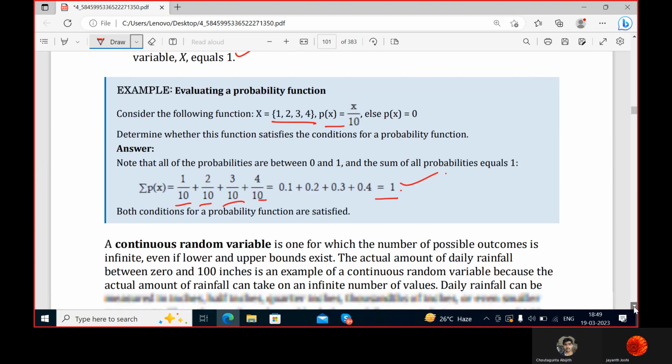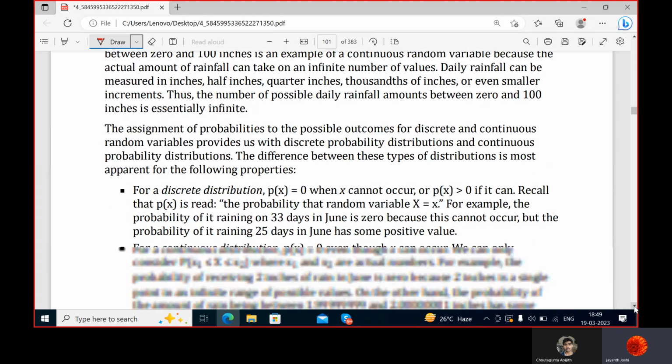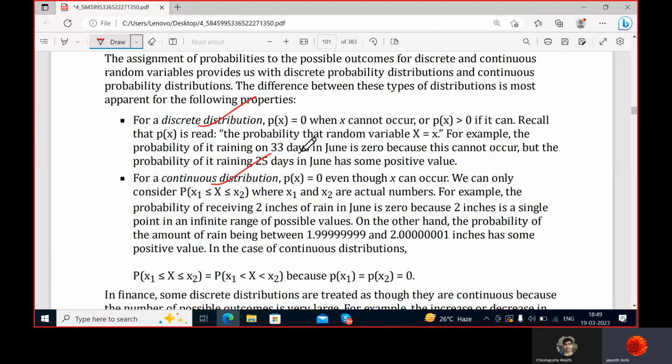We have already discussed continuous random variables, the discrete function, and the continuous function. A discrete distribution is one where you can count the variables, where the probability of x is equal to 0 when x cannot occur.